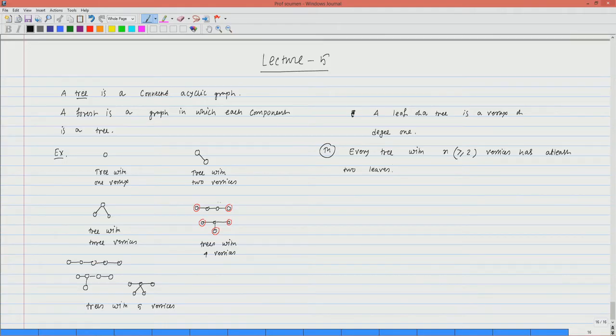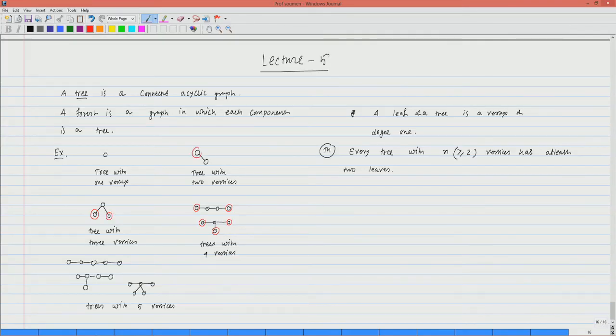So this is a tree with 4 vertices, it has 2 leaf nodes. This is a tree with 2 vertices and both are leaf node. This is a tree with 3 vertices, so it has 2 leaves.